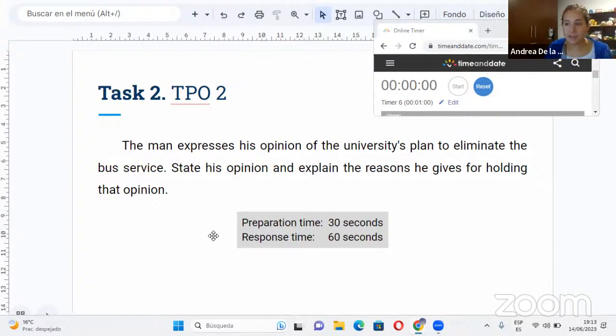So you cannot say that eliminating the service is easier for the university, because that would be agreeing with the university's plan of eliminating the service, right? Be like, yes, you go ahead and do that because it's easier. No, and you have to remember that the man is against this plan, right? So the man cannot say that, and you should not say it either. All right, careful with those things. Remember that it has to also make sense in the context of the conversation.